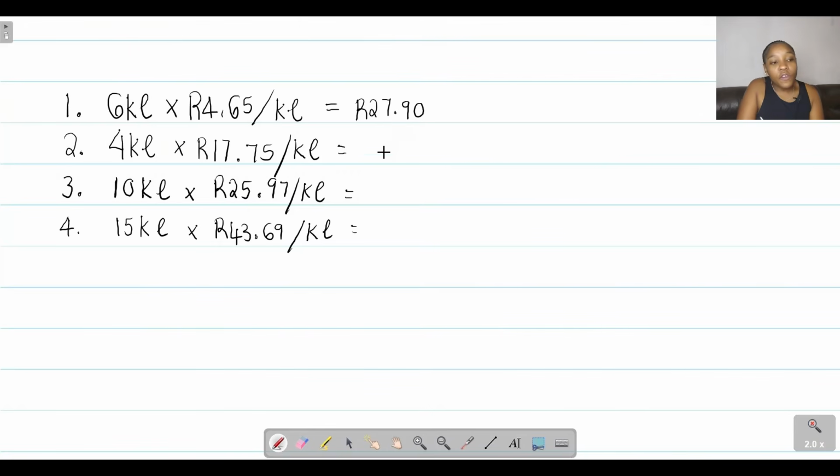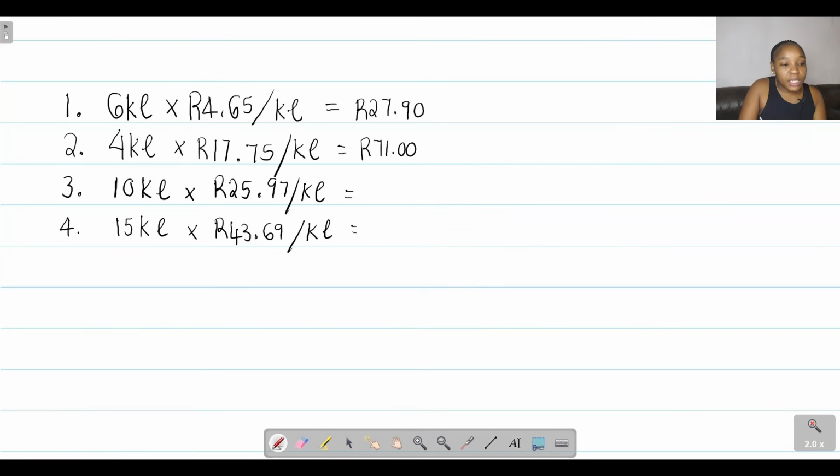So in the first step, you'll pay 27.90 if you use 6 kiloliters of water. In the second step, you'll pay 4 kiloliters multiplied by 17.75 per kiloliter. You'll pay 71 rand. So in the second step, if you use 4 kiloliters of water, you will pay 71 rand.